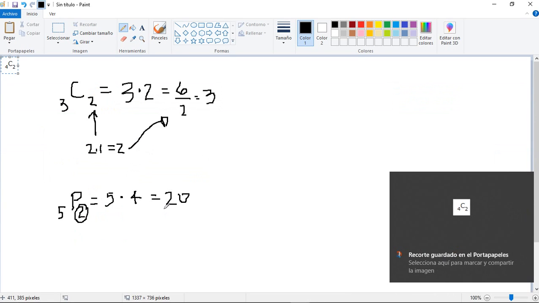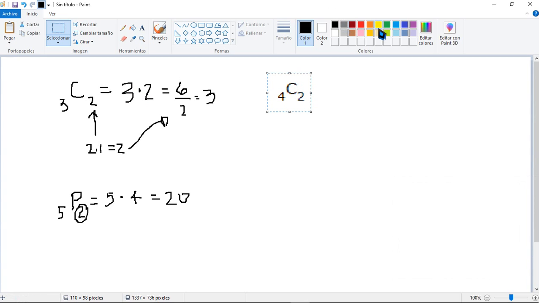Okay, this combination is solved by having this factorial 4 times 2, I mean not 4 times 2, sorry, 4 times 3. Why 4 times 3? Because remember, factorial is 4 times 3 times 2 times 1.